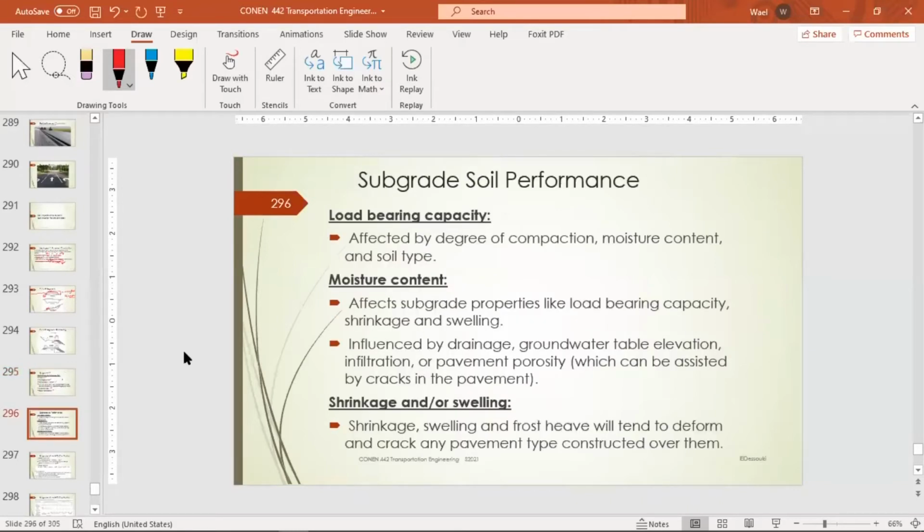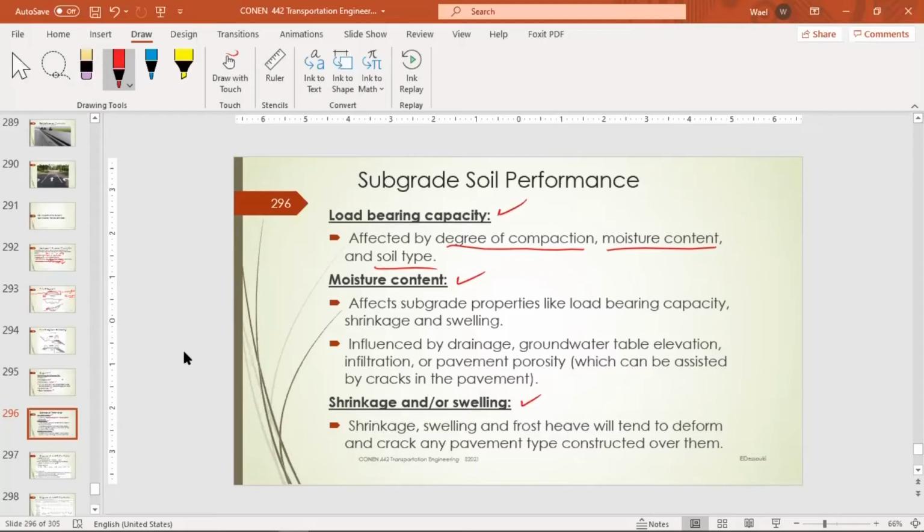Subgrade soil performance, we have the load bearing capacity, the moisture content, and the shrinkage or swelling. These are key aspects. The load bearing capacity is affected by the degree of compaction, as I mentioned, moisture content, and soil type.